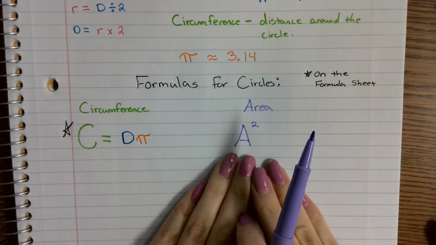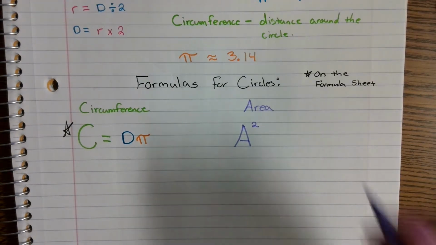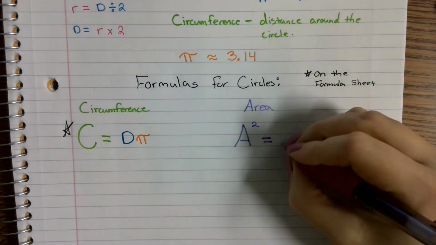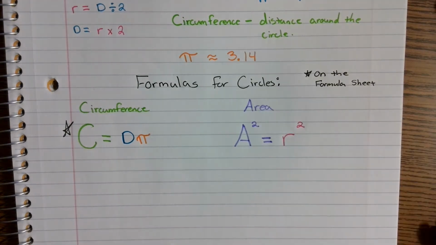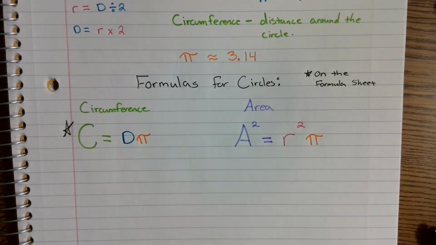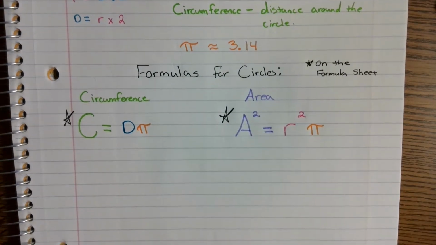But if it's area, it's feet squared, inches squared, yards squared. So area uses the radius. You take the radius, raise it to the second power, r squared times pi. This is also going to be on your formula sheet.